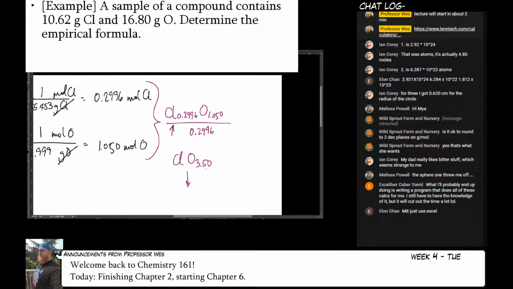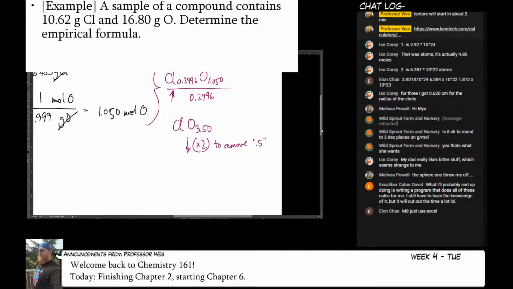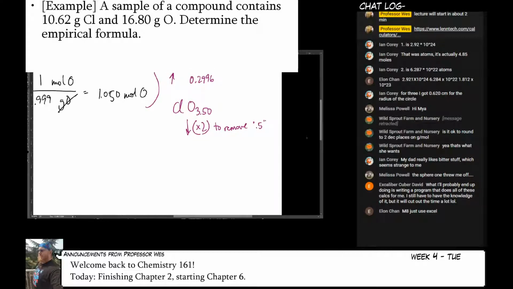So to get rid of half, we'll times everything by 2. To remove the... I'll just write it as 0.5. Because 0.5 times 2 would be 1. And then 3 times 2 is 6, so add them together, you get 7.